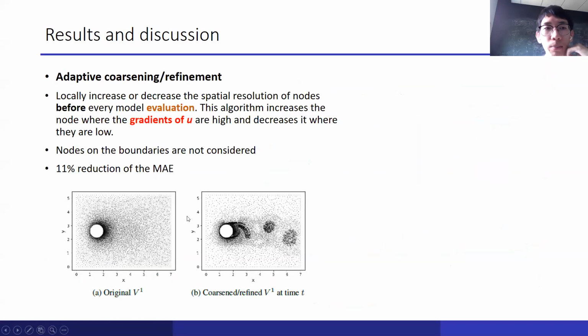And at the end of this paper, they also introduced a technique called adaptive coarsening and refinement, which is used to increase and decrease the spatial resolution of nodes before every model evaluation. So basically, this algorithm increases the nodes where the gradients of the flow field are high and decreases the number of nodes if the gradients are low.